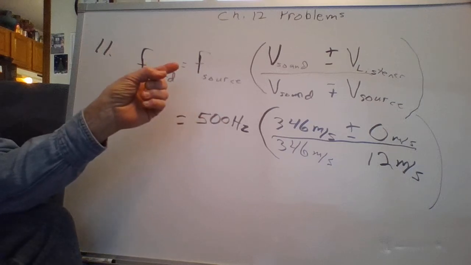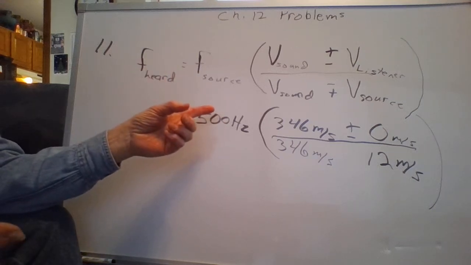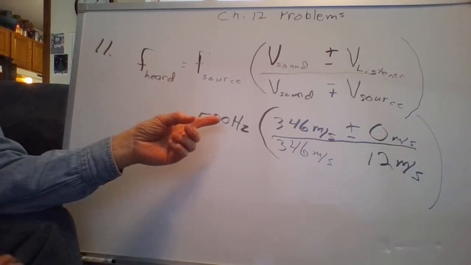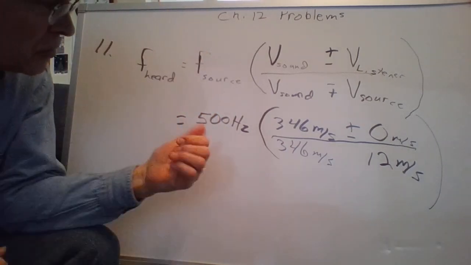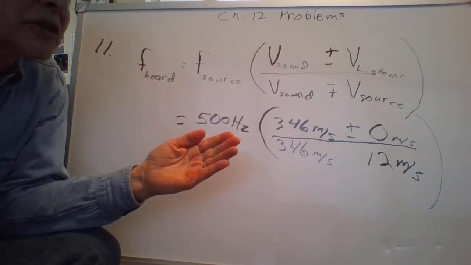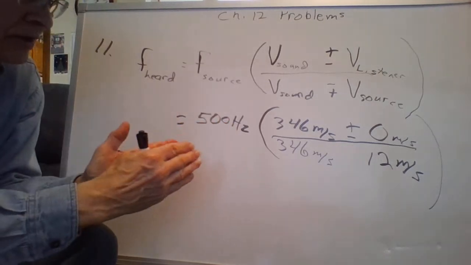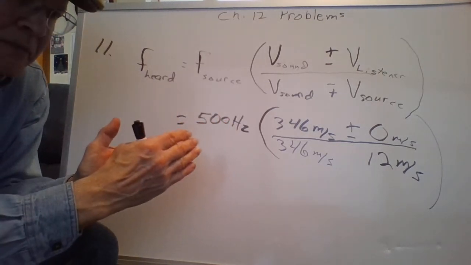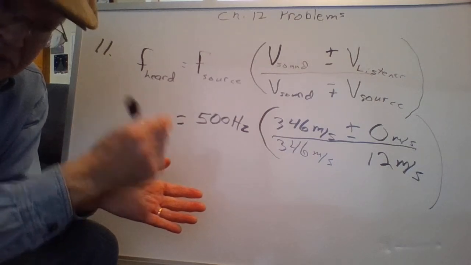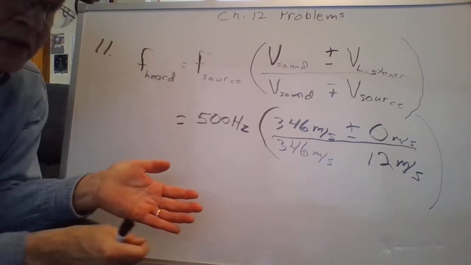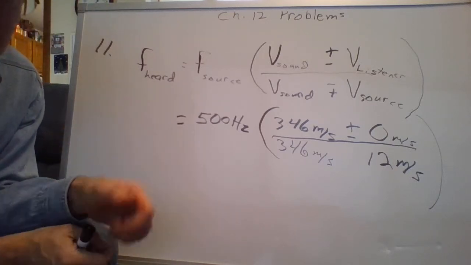If a siren from a fire engine is coming towards you, or any sound for that matter, would you hear a higher frequency or a lower frequency? If they're moving toward you, remember we said the diagram shows the waves are scrunched together, which would mean you would hear them more often, which means it would be a higher frequency.